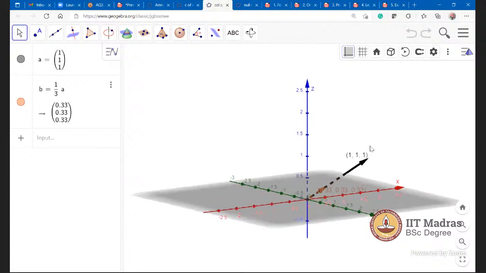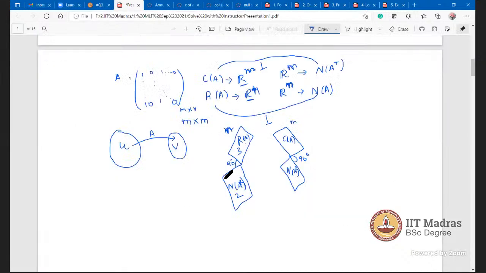So consider a vector V. So this V is 1, 1, 1. For this vector, if you find the projection matrix, it will give you a 3 by 3 matrix with every element equal to 1 by 3. So when you find the column space of that projection matrix, it is a single vector which is 1 by 3, 1 by 3 and 1 by 3.